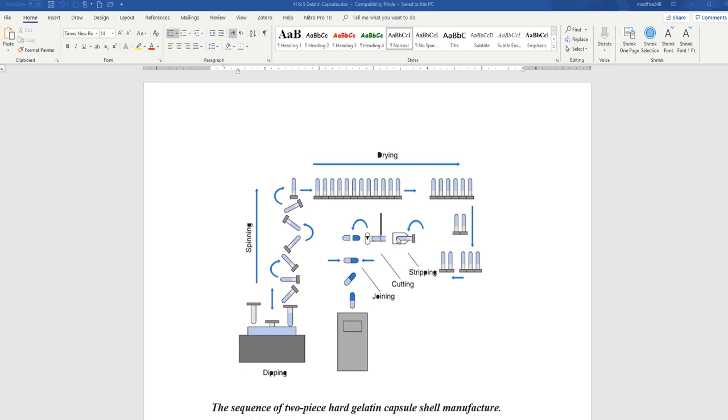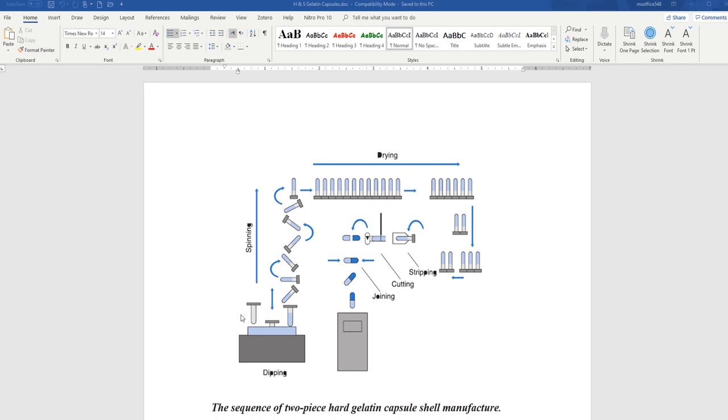After this gets removed by the machine from the pin or peg, it gets trimmed, meaning cut. So we have cutting, trimming to the correct size. Now what is the correct size? It depends. Am I talking about body or cap? Because for body and cap you will have different peg diameter.